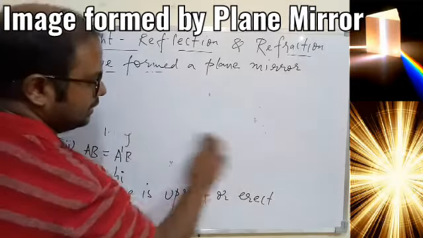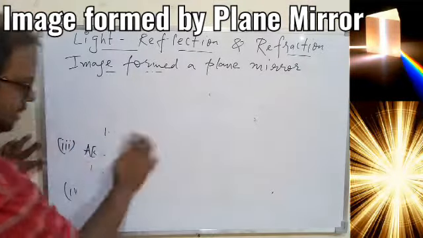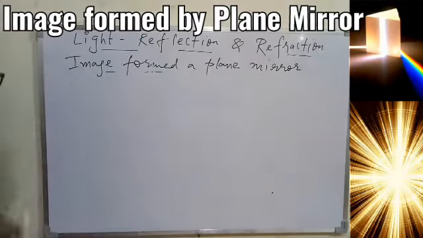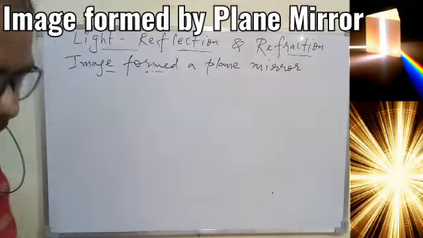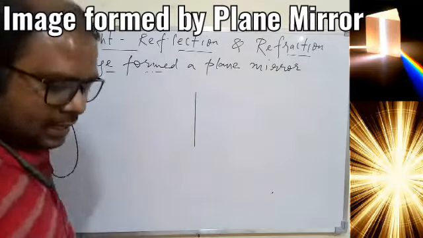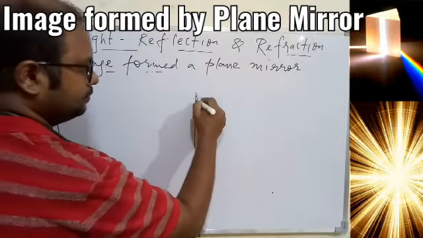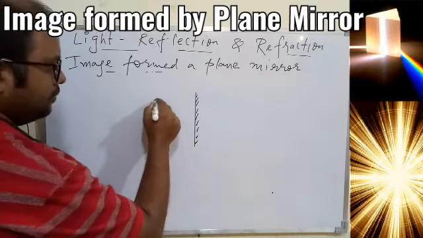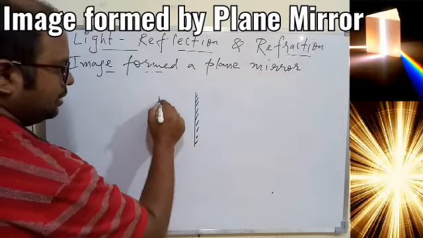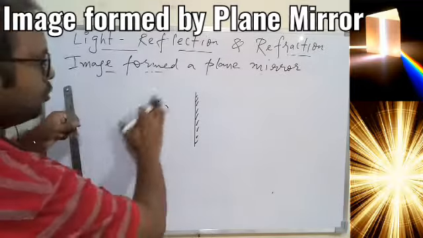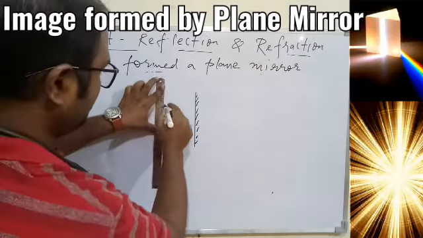And the last thing we need to understand here is the next characteristic we have. So I am showing you roughly. If this is the plane mirror, okay, and I write a particular alphabet, just for example B. So let me do it in a proper way so that you'll have more clarity.